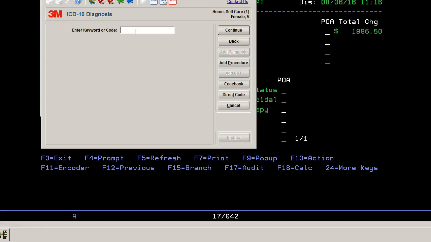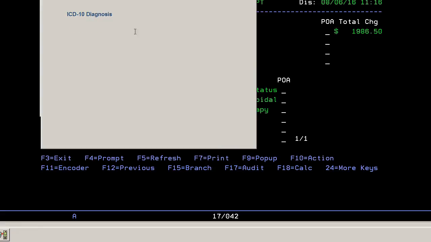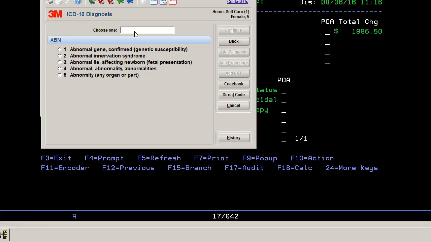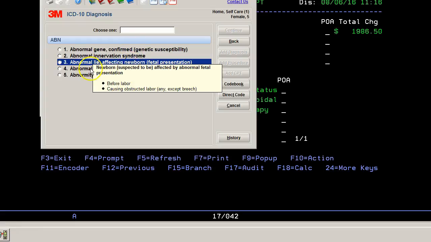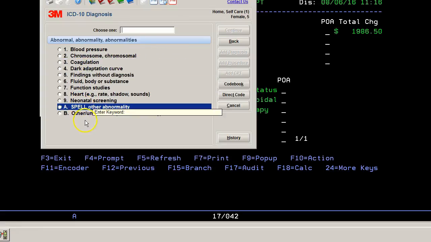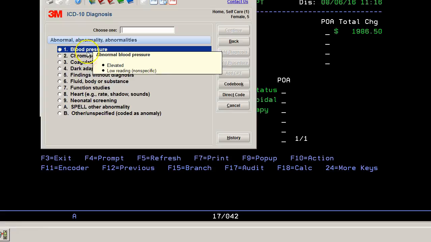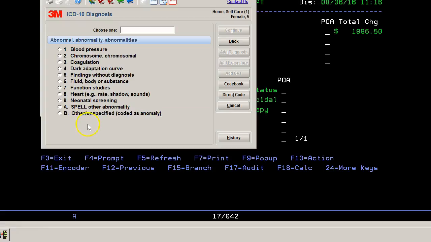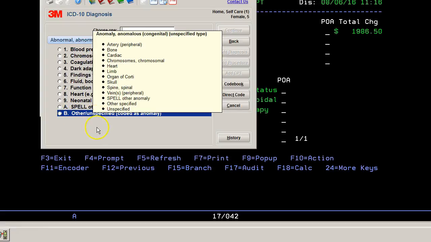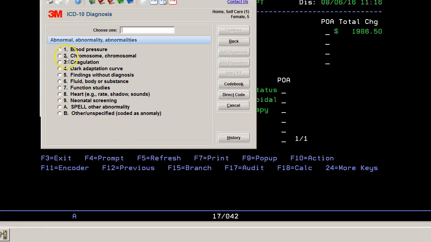Sometimes, for myself, I have to go back to the actual manual and do the coding old school because I'm used to coding in that manner. But if I'm just looking for something simple such as abnormal urine test or abnormal test, then I can look this up under here, and it's just a search.